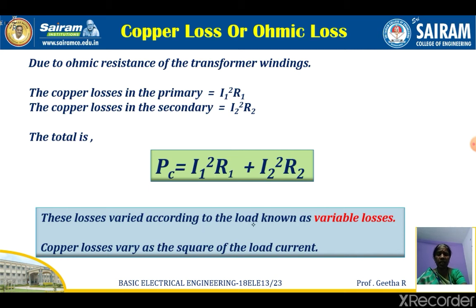These losses vary according to the load because whenever the load is changed, the load current I2 will vary, so the loss, which is the product of the load current squared into R2, will also vary. So it is called variable loss. In case of the iron loss or core loss, it is not a variable one.